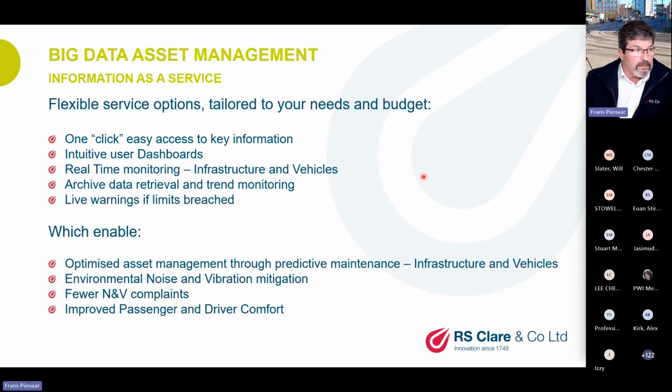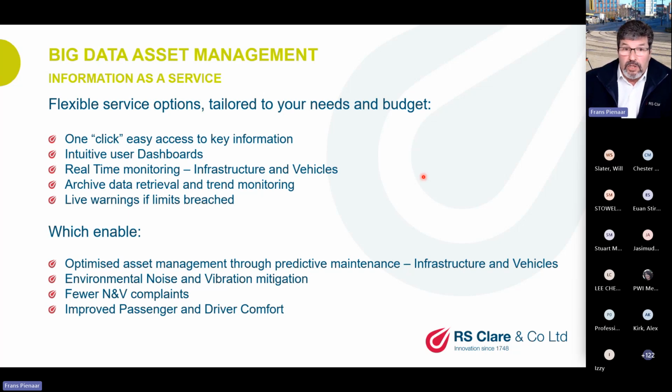The system is easy to use, one click away, and you can have the information with you. Like I said, there are various dashboards that you can pick, and they're also customizable. So if you want to look at a specific type of issue and see it in a specific way, whether with graphs or noise monitoring or whatever you want, we can work with you to give you a dashboard that works for it.